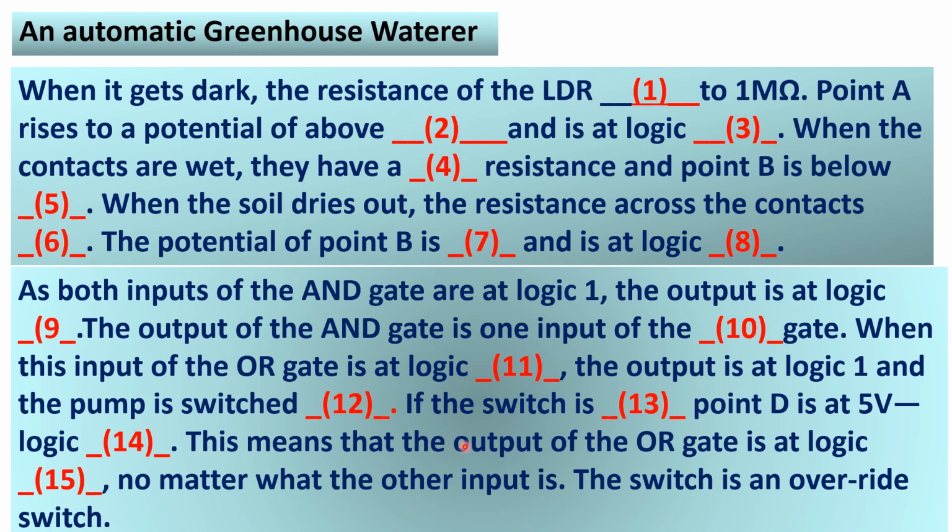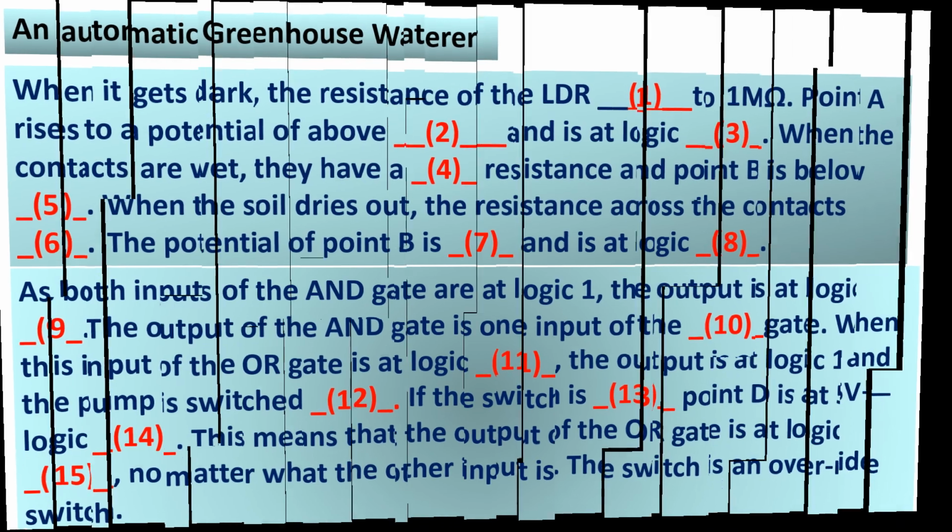This means that the output of the OR gate is at logic blank, no matter what the other input is. The switch is an override switch. We now have the answers.